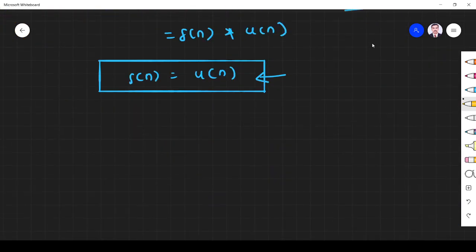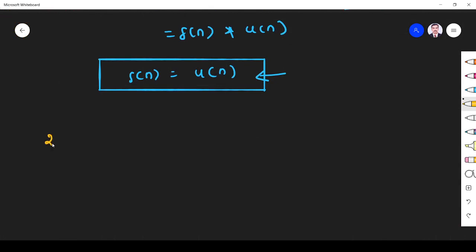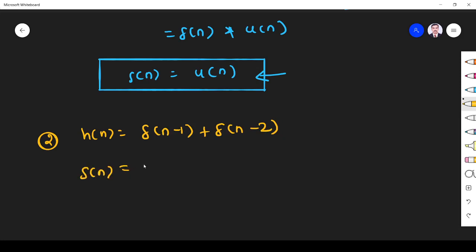The second one is h of n is equal to del of n minus 1 plus del of n minus 2. Again, this is also a simple problem. What is the step response? Step response is h of n star u of n.